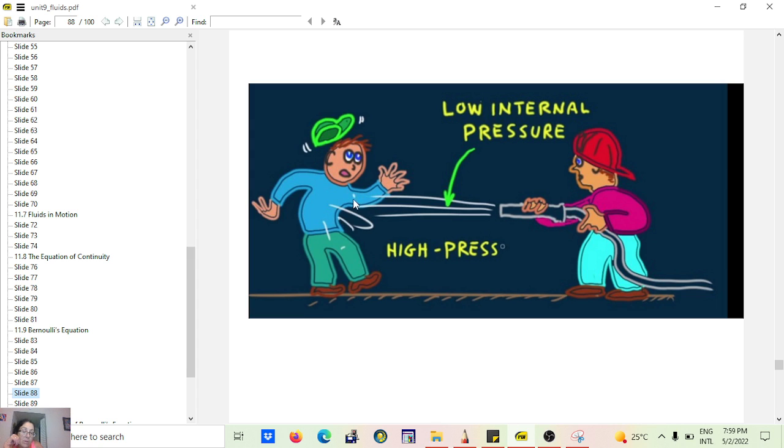So you have lost all your kinetic energy, so all the energy is going to be in the pressure. Here you have high kinetic energy, so all the energy is in the motion, so you're going to have low pressure. So low pressure, high kinetic energy equals low kinetic energy, high pressure. Okay, so it's very interesting.